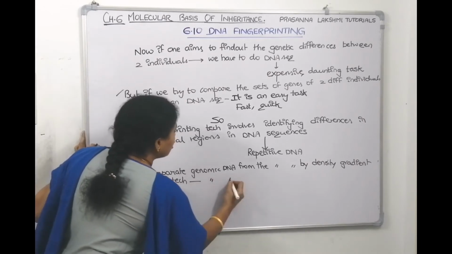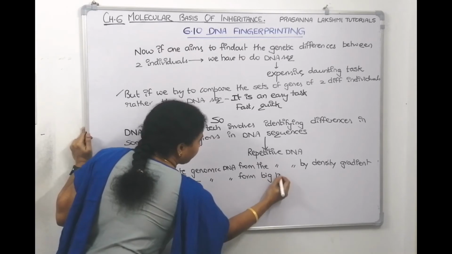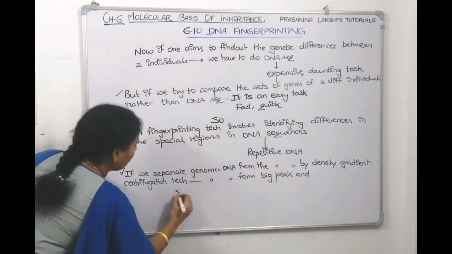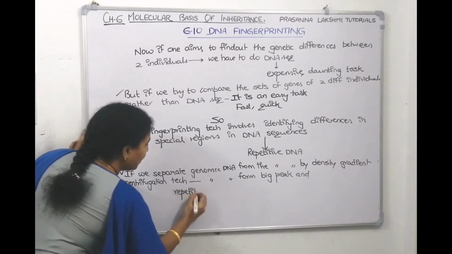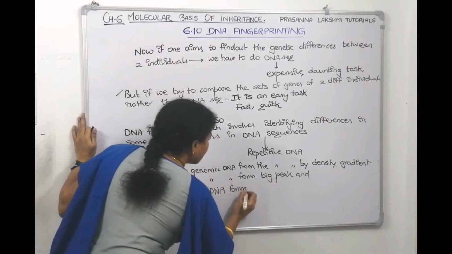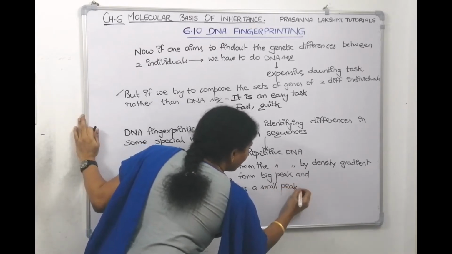The genomic DNA forms a big peak, right? And the repetitive DNA, I told you, forms a small peak.